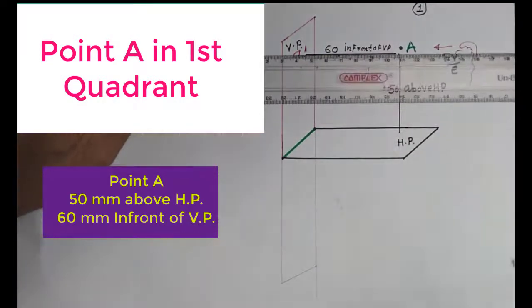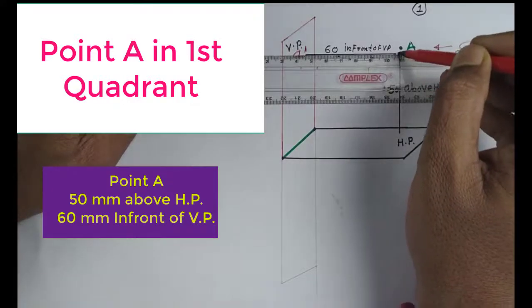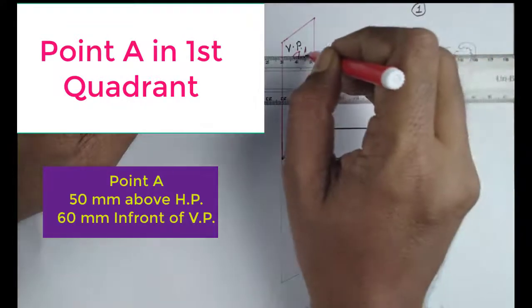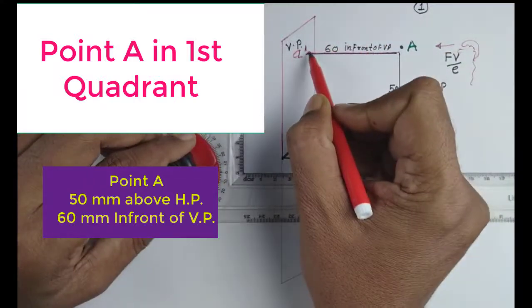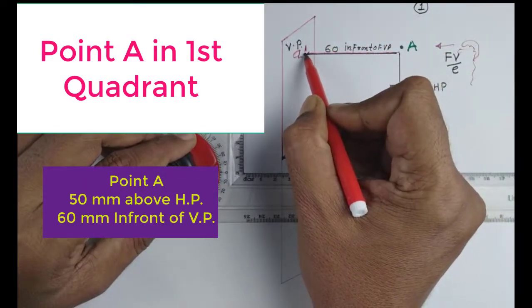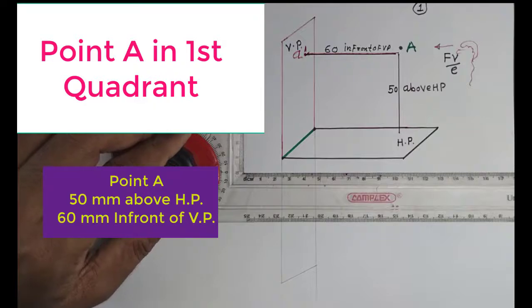So the projection of point A appears here as A dash.